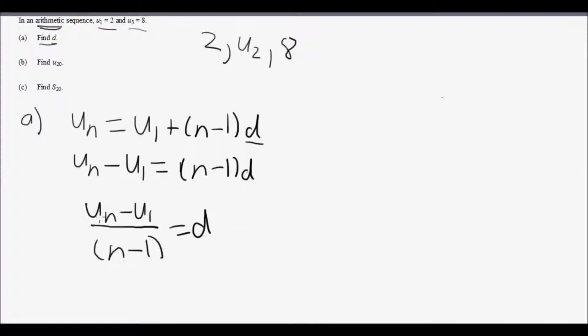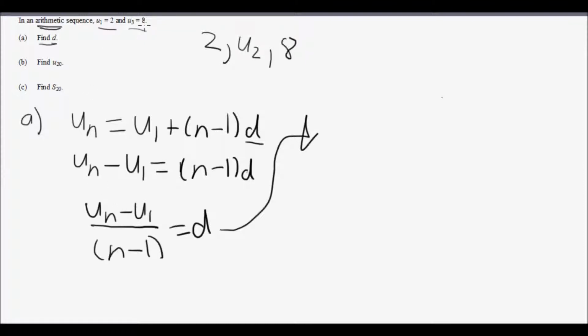Now that we have this expression, we simply need to substitute the variables that we don't know. To do this, we have to identify what information we have. u of n is just symbolic for any number in that sequence. With the information that was given, we will use the third term, so in this case it'll be u of 3.